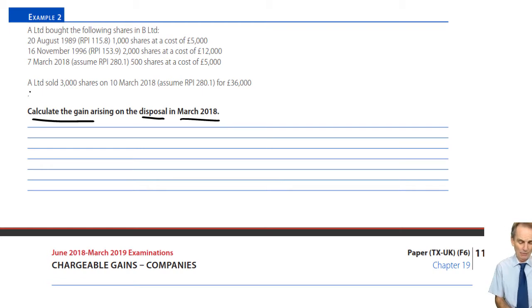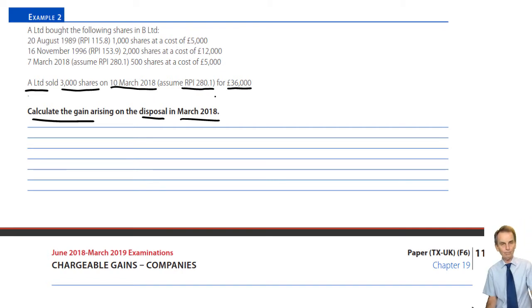We can see just above that the company A Limited is selling 3,000 shares on the 10th of March 18 for £36,000. And for purposes of any indexation allowance calculations, the RPI in March 18 we're going to deem to be 280.1.